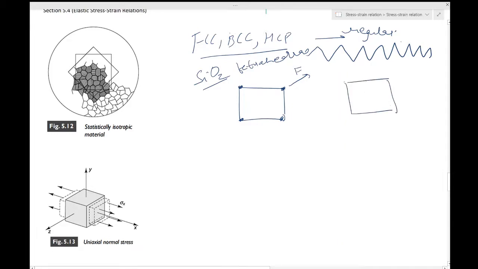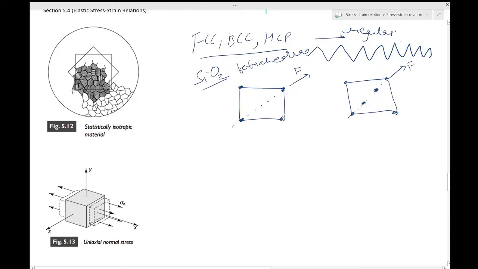It's a hypothetical configuration, but you will very easily relate to the structures which you learn in material science. Suppose you have two more atoms in this way. Clearly the deformation which you would cause along this direction in this case will be different than the deformation which you would cause in this direction for the same amount of force, just because there are these two extra atoms present.